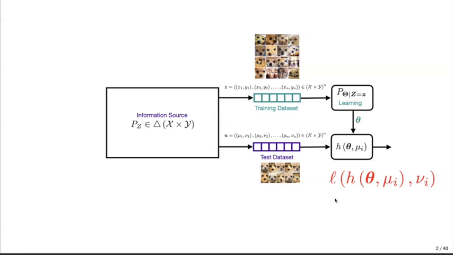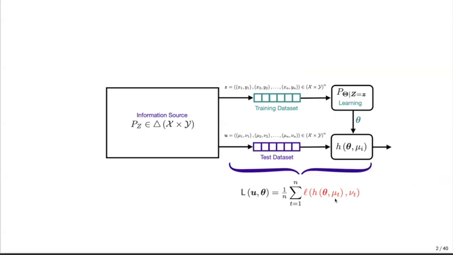Right. So we have n pairs here of photos and labels. For each one, we can calculate the loss, and we can calculate indeed the average loss, which we are going to refer to as the empirical risk.